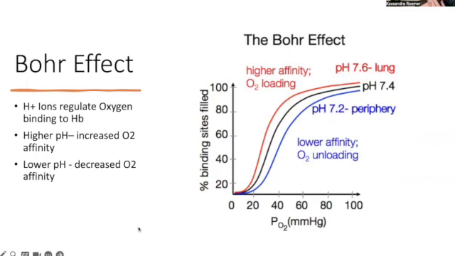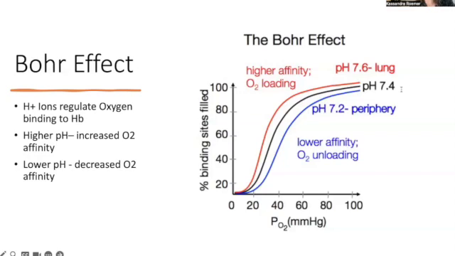So then the oxygen travels through our tissues and we can release oxygen to the tissues. So as we travel from lungs to tissues, the affinity for oxygen needs to change. High affinity in the lungs, low affinity in the muscles, so we can release oxygen in the muscles. So this actually is regulated by the Bohr effect. The concentration of protons regulates oxygen binding and oxygen affinity of hemoglobin.